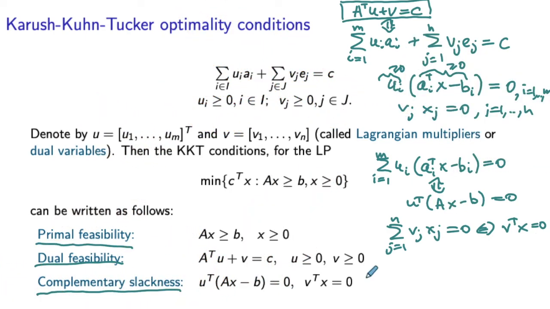If we write down the optimality conditions for the equality constraint case when Ax is equal to b, then in this case our dual variables u will be unrestricted in sign, and also Ax will be equal to b, right? Which will make this complementary slackness condition automatically satisfied, and the only part that will remain for complementary slackness will be v transposed x equals 0.